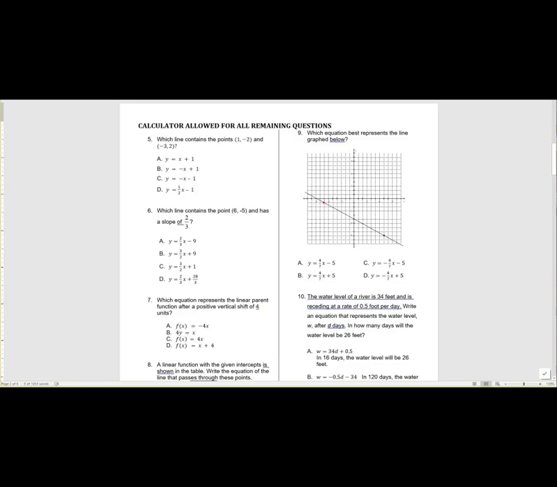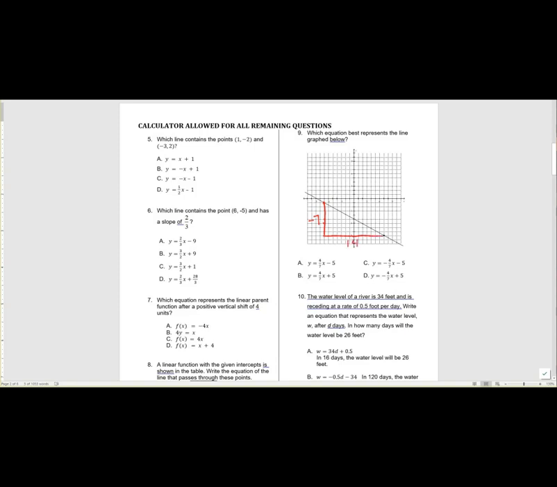So starting from this point here, I would need to count down 1, 2, 3, 4, 5, 6, 7 units to get down to this other point here. I went down, so I call that a -7. And then from there, it's over 1, 2, 3, 4, 5, 6, 7, 8, 9, 10, 11, 12, 13, 14.